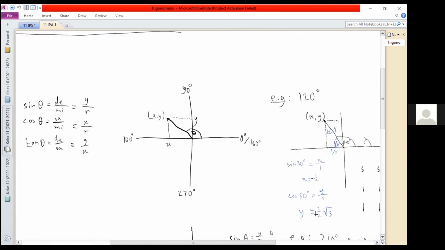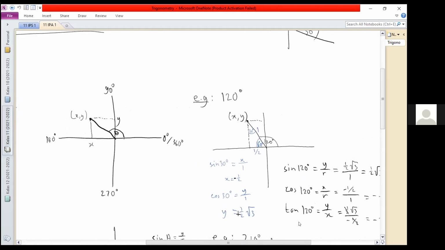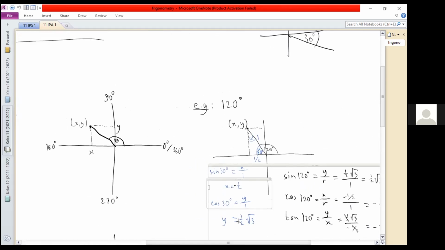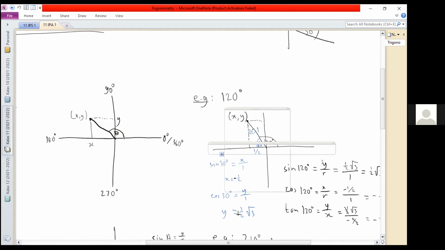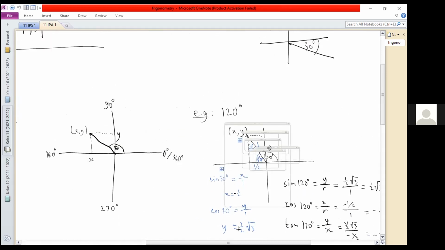If you are using this definition, you can go to any angle between 0 and 360 degrees and get the values of the sine, cosine, and tangent.